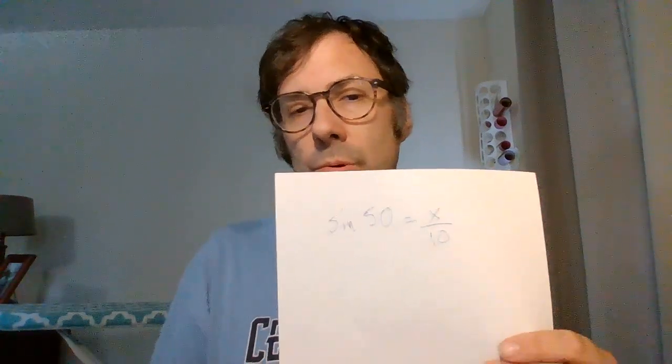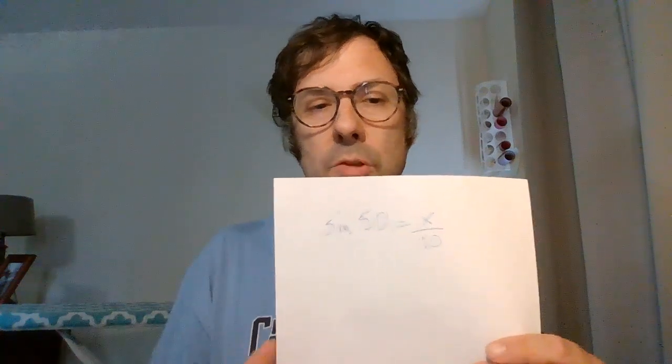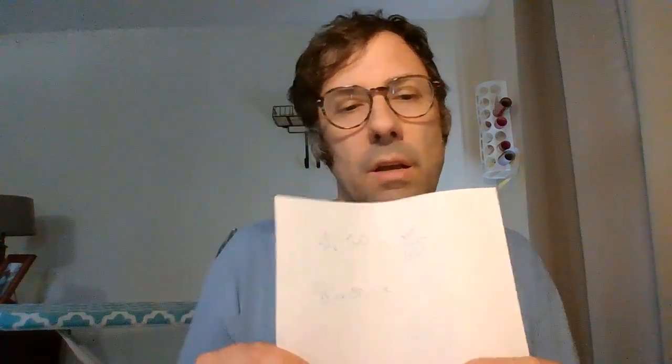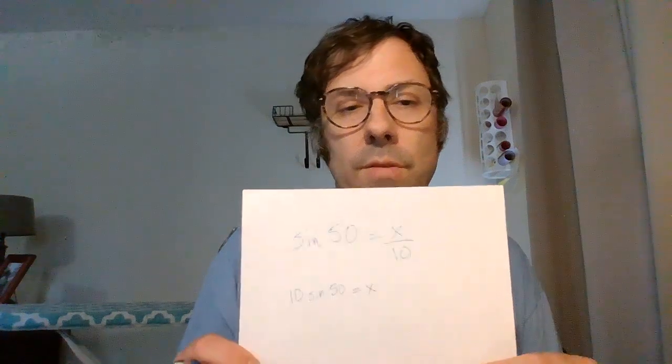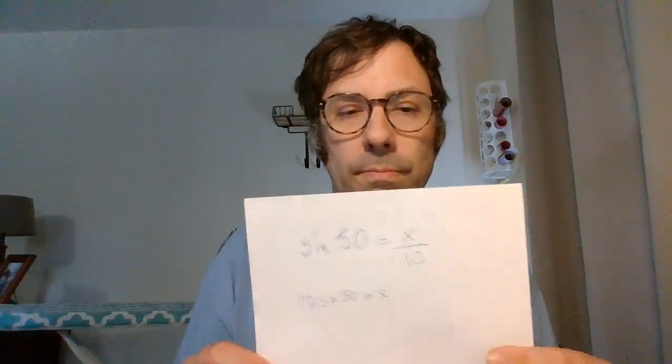Then what we would do is we would cross multiply. So we would have 10 times the sine of 50 equals x. x represents the side opposite the 50-degree angle. So what we'll do now is we'll go to our graphing calculator, our TI-84.